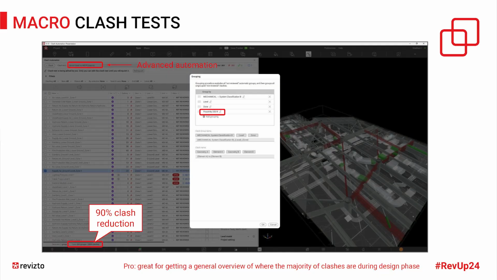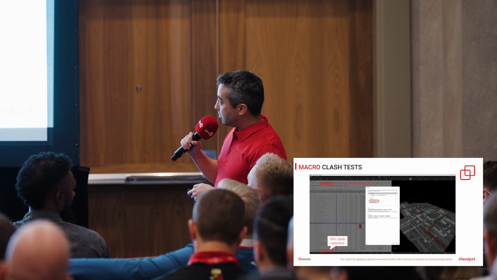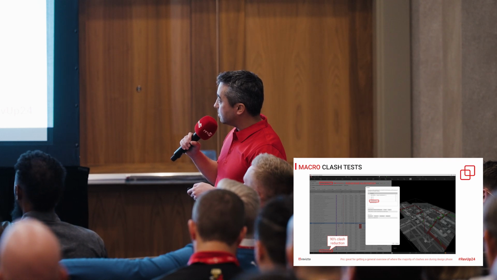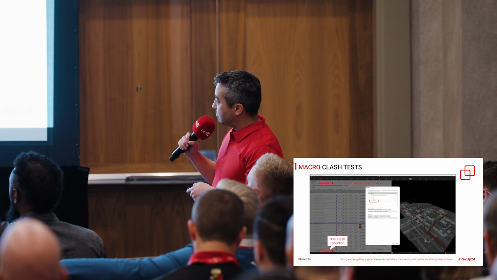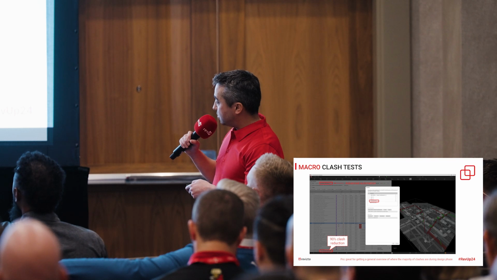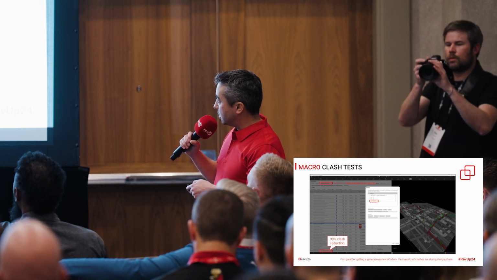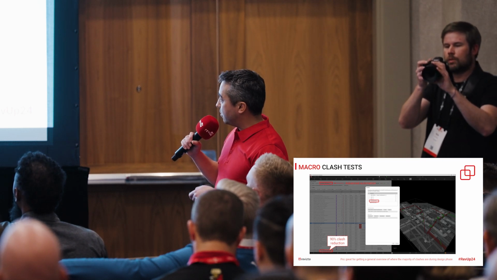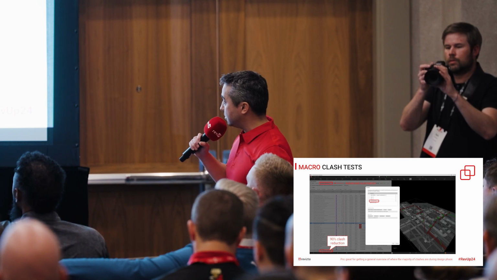Whereas a macro clash test, so I'm kind of giving you the idea of a micro test versus a macro test. A macro test would be something that's packing a lot more models in it. So you can see in this example, I got structural steel, which has higher priority than all my MEP systems. I can set that proximity and use the same property conditions up here to constrain that, but it's looking at a very large area of 100 feet versus 10 feet.